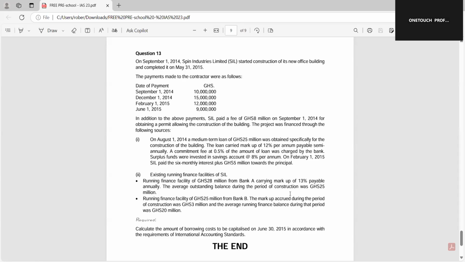We need to do workings for the WACC, and then by the nature of the question, if we think the investment income too will be long, we can do workings for the investment income too. After that, we just go and post them in calculating the borrowing cost capitalized. Okay, let's first go and calculate the WACC, then we'll come to the borrowing cost itself.